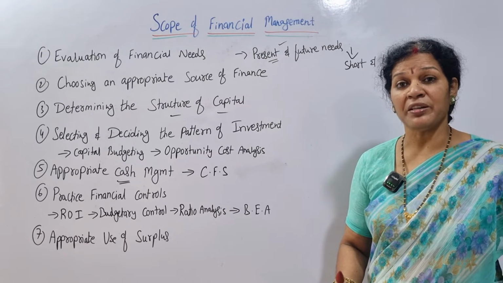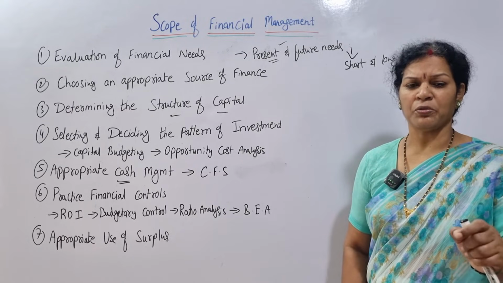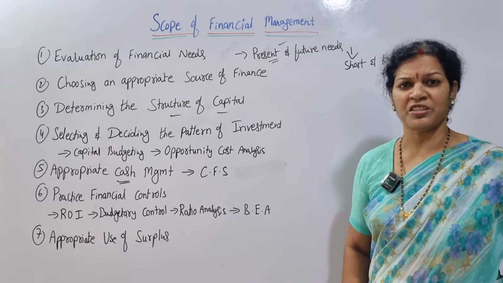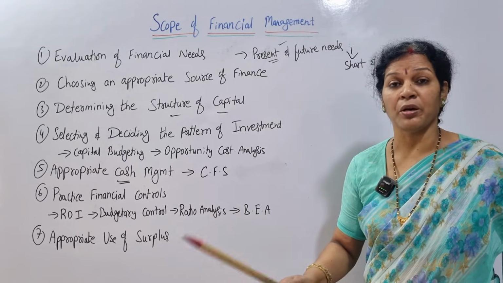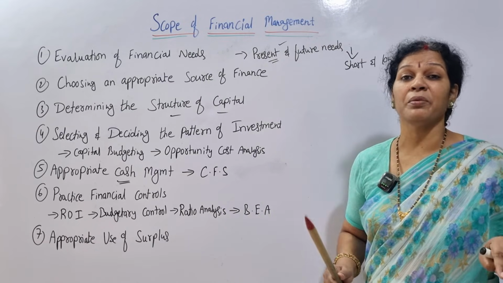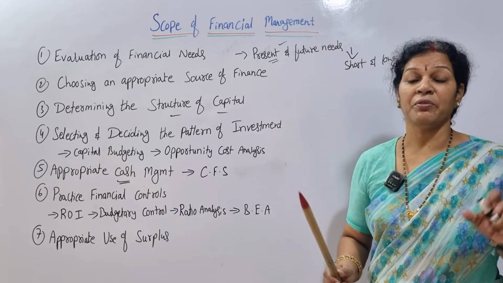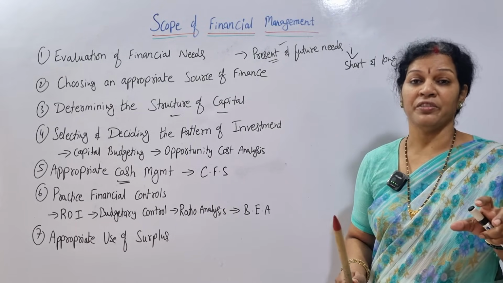In the cash flow statement, inflows, how much cash is coming inside, outflows, how much cash is going outside, and what is the synchronization between the inflows and outflows. That should be properly understood by the finance manager.